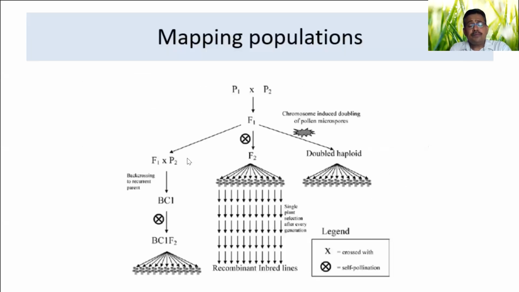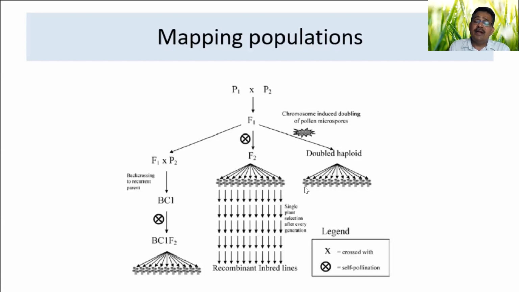All these things, the recombination percentage that can be observed and calculated, can be done only if you have good mapping populations. This is why we always look at different kinds of mapping populations. There are three commonly used ones. One is the F2 population, which you can check directly. Another is the doubled haploid population.